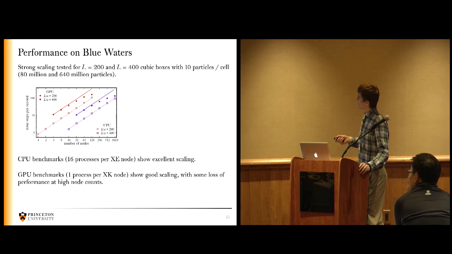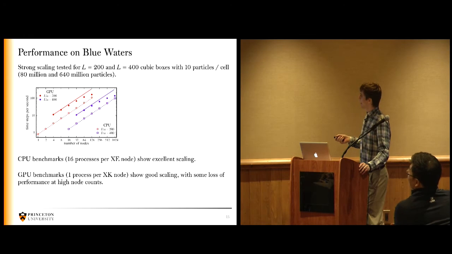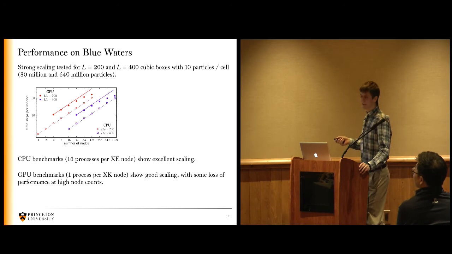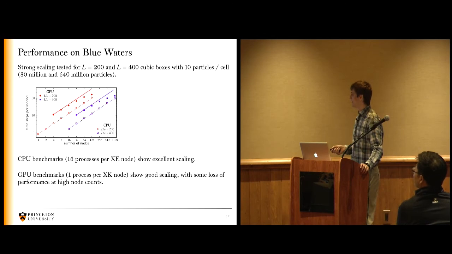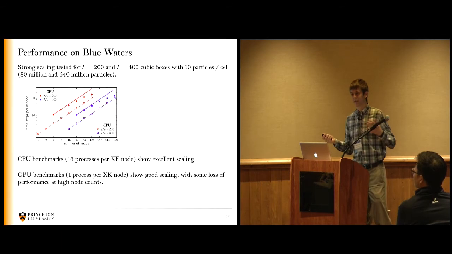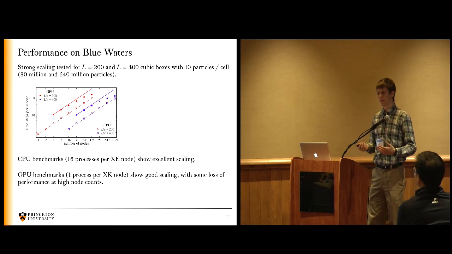for the GPU nodes, we see that we have pretty good scaling up until large node counts, where we do see some decrease in efficiency. Overall, we get about a 3x speedup of our GPU code versus our CPU code, which we're very happy about. This is also running only one process per XK node because there's only one GPU.